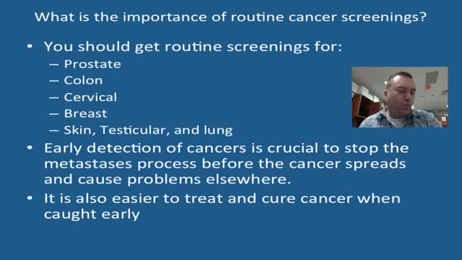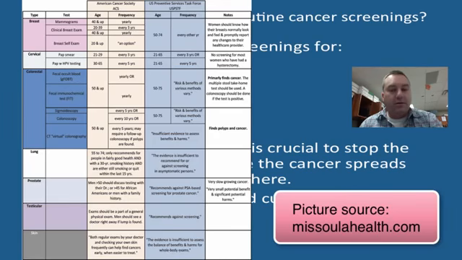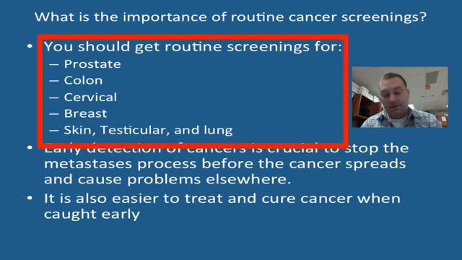All right, so what is the importance of routine cancer screenings? You learned about this in activity 3.25. You should get routine screenings, and at certain age groups these kick in: prostate cancer, colon, cervical, breast, and skin, testicular, and lung cancer, if you have certain risk factors, or you're at a certain age for those. All right.